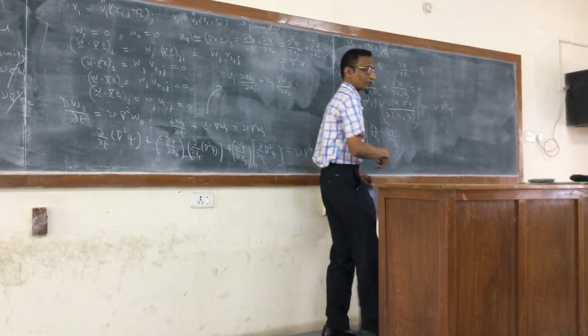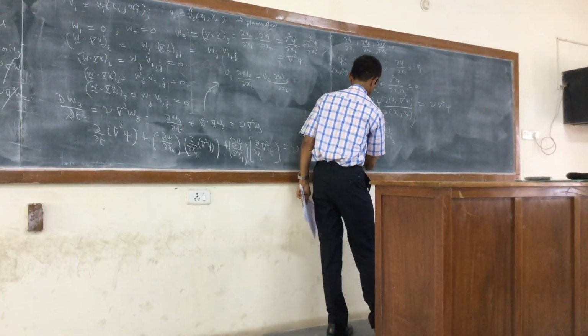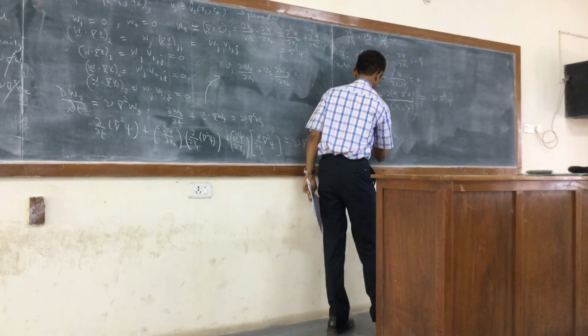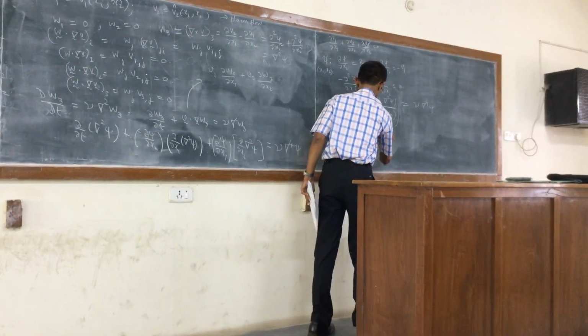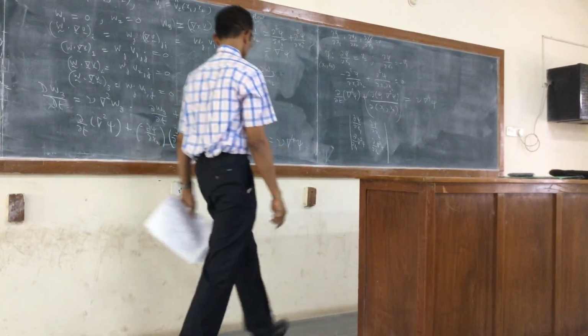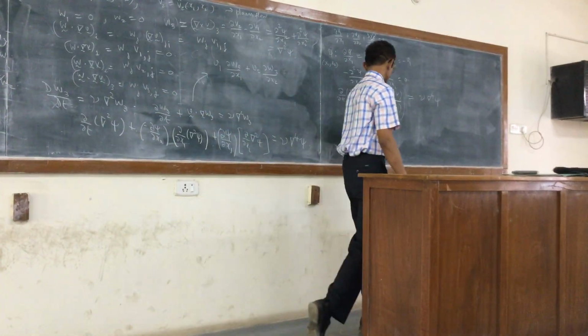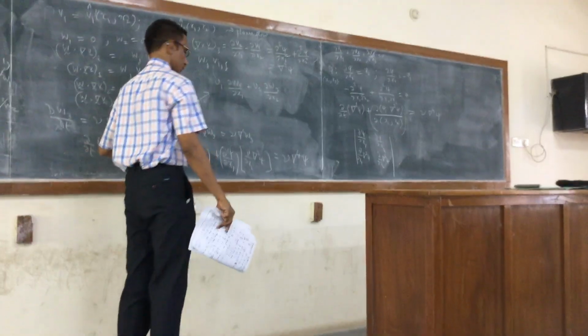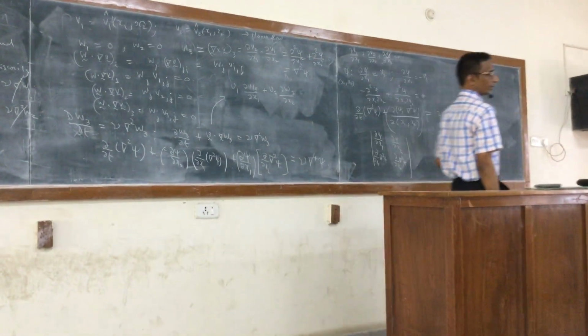You can check that it finally reduces to that. d by dx1 of Laplacian of psi, so this is d psi by dx1 and d by dx2 of the Laplacian of psi minus d psi by dx2 times that. This is a very compact way of writing it.